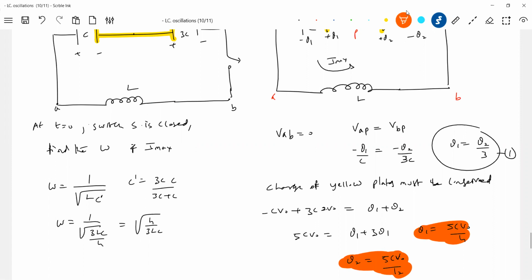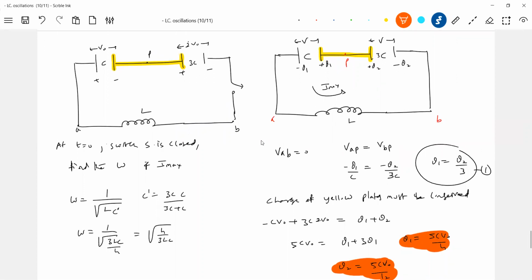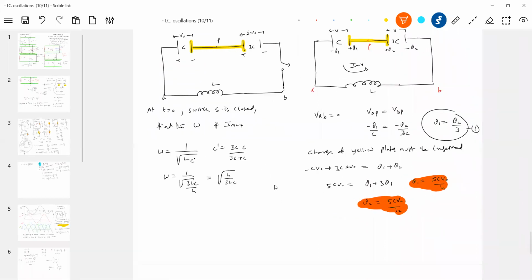Let's write the energy equation. Overall energy will be conserved. Electrical energy, better you can call, together electrostatic and magnetic. So initially CV naught square by 2, plus 3C into 2V naught whole square by 2. Same problem, just with different values, I'm repeating it here.